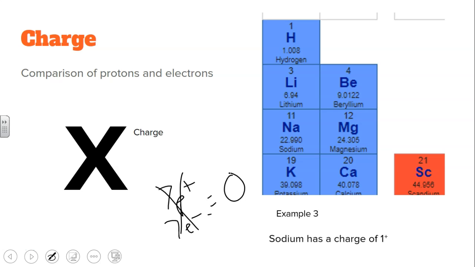For that, the element that has 7 protons is nitrogen, and the symbol would either be blank like this, or you would have a 0 there. You would either not put anything in that corner, or you would put a 0 indicating that it is neutral. So there you have it, your lesson on charge.